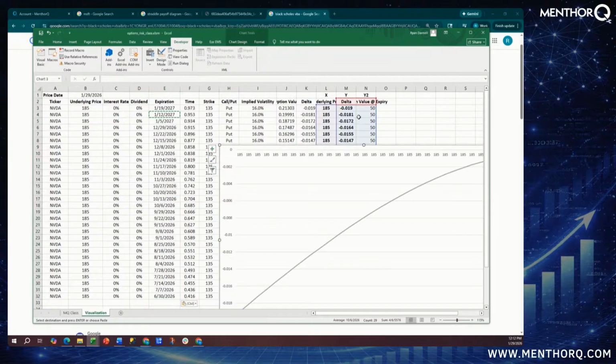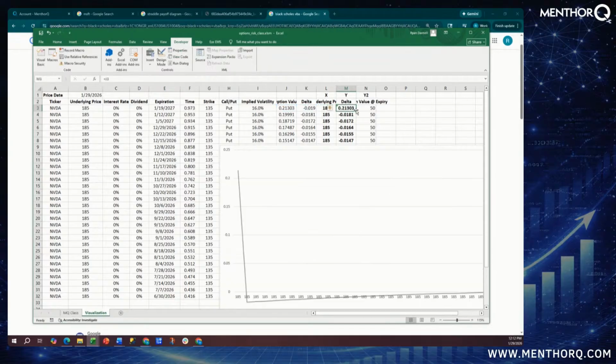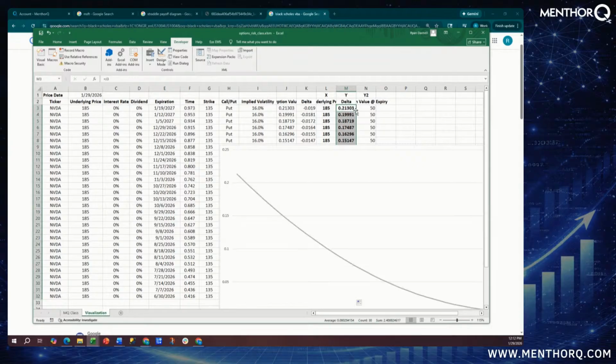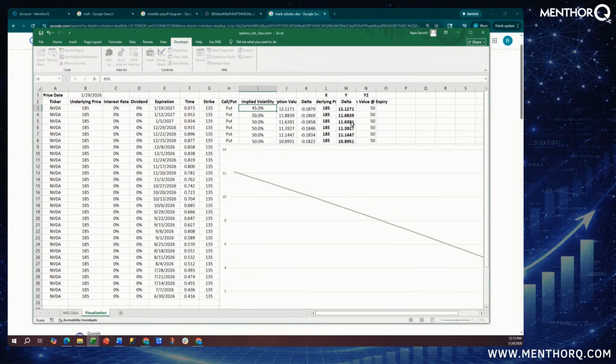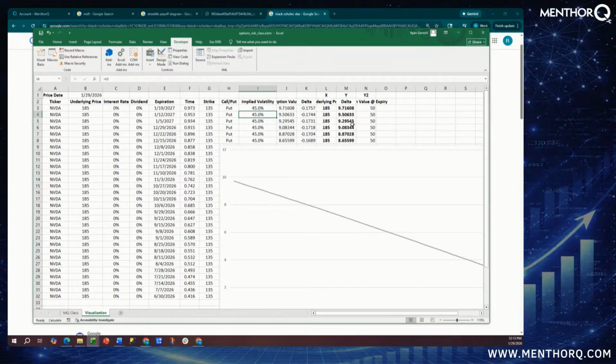That's charting delta right now. We want Y to be equal to the option's price. There we go. And with volatility, something like 40%. Let's try 50. Nope. I think it was like 41.